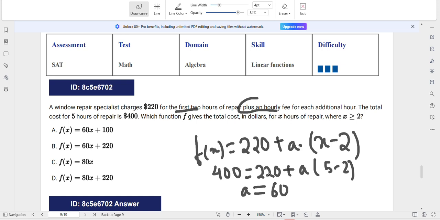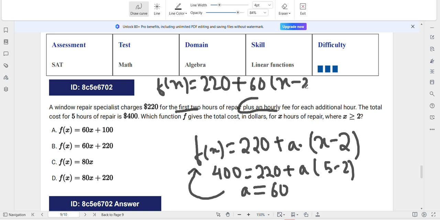So we have already found the additional hourly fee. Now let us use this 60 in this part. Our new equation becomes f(x) equals 220 plus 60 times (x minus 2).